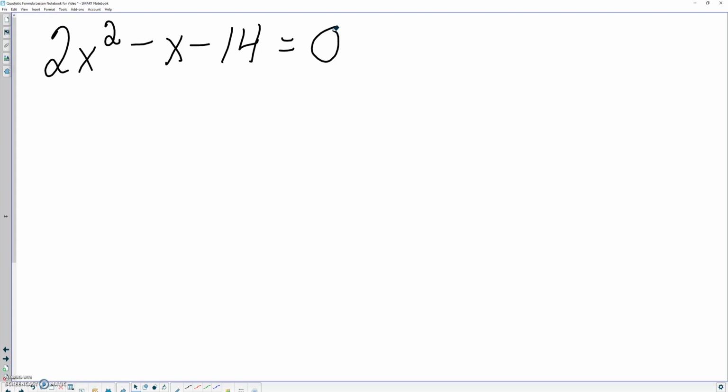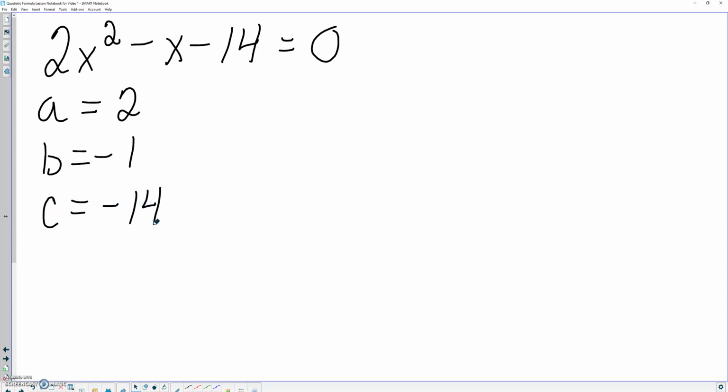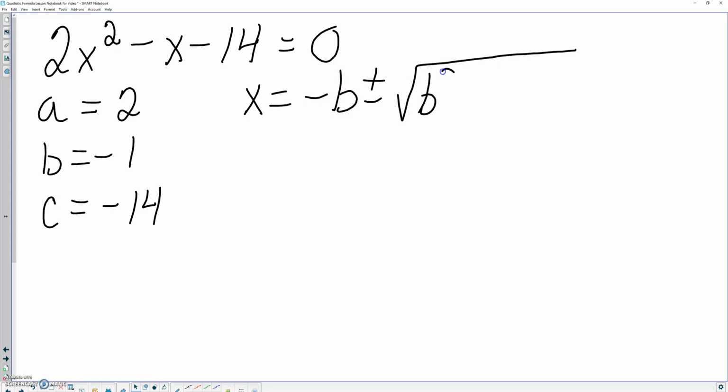Okay, so again, it's already in standard form, so I can write down my values of a, b, and c. So a is 2, b is negative 1, and c is negative 14. Okay, so I write down my quadratic formula. x equals the opposite of b plus or minus the square root of b squared minus 4ac all over 2a.